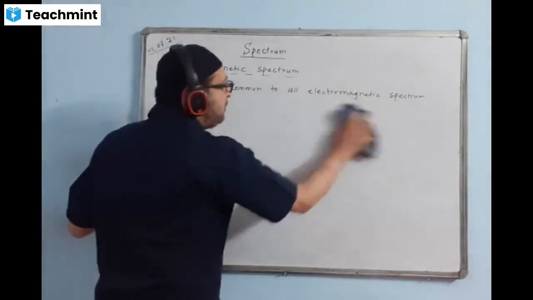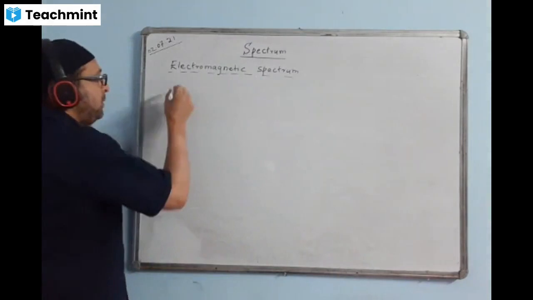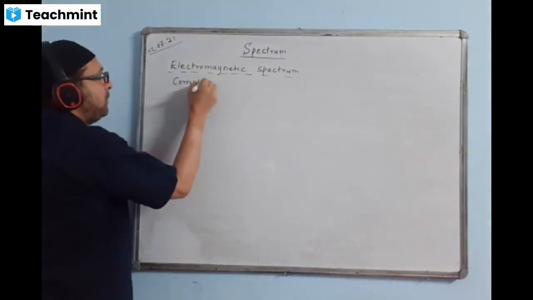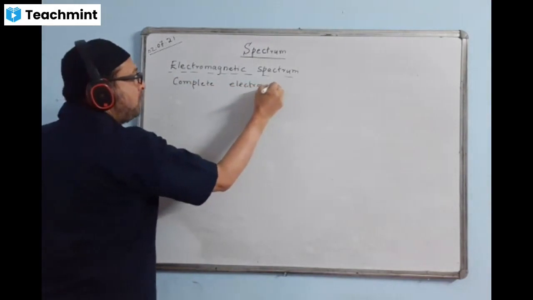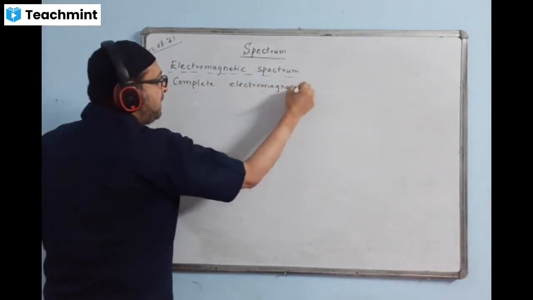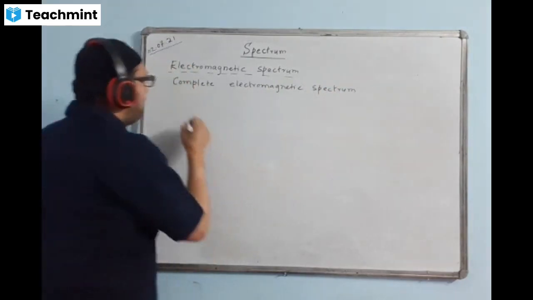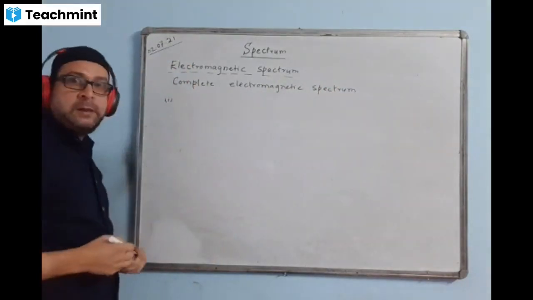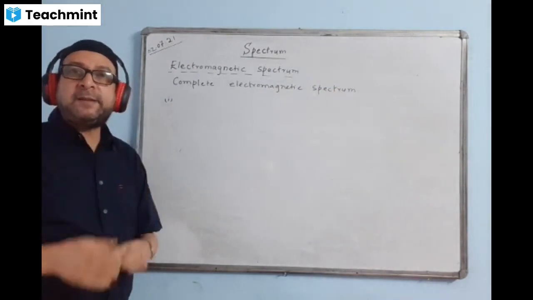Okay, now write down the complete electromagnetic spectrum. As I told you, there are 7 spectrums altogether.